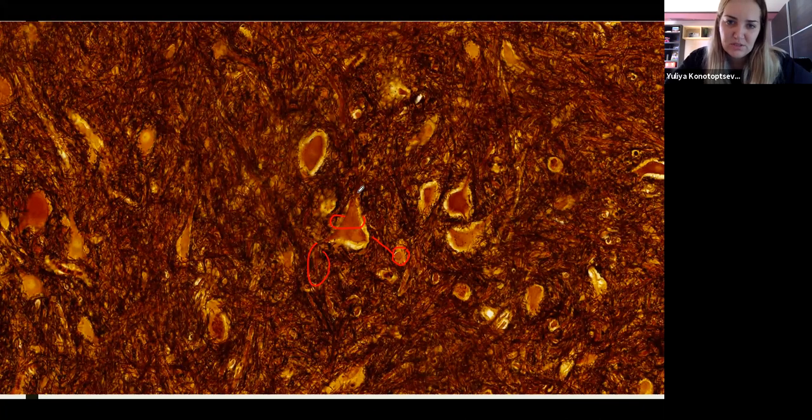You can see these dendrites, and there's another Renshaw, another alpha motor neuron, so there's definitely synapse happening. If you spend a little bit more time here, you will see how the axons and dendrites of the two different cells synapse. The bigger ones are the alpha motor neurons. The smaller ones are the Renshaw inhibitory interneurons, like this one.